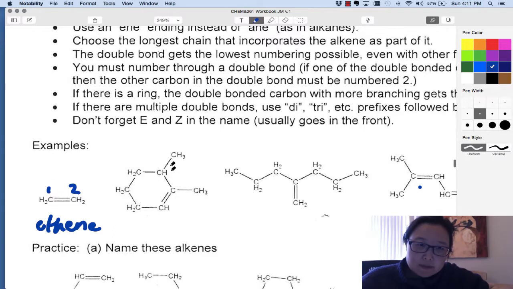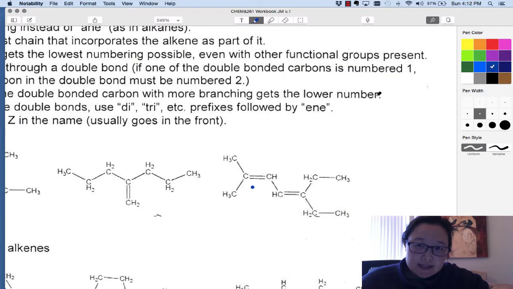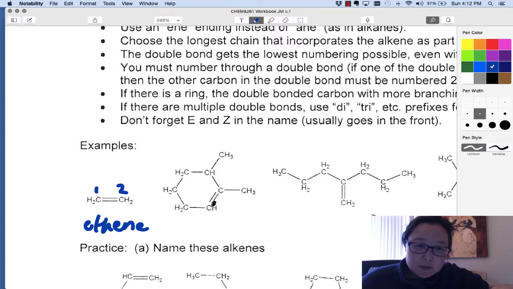With this one, we want to use the rule here. If there is a ring, the double bonded carbon with more branching gets the lower number. So if you look at this double bond here, you want to call this carbon 1 and this carbon 2. Now if you remember, when we did rings before without double bonds, we wanted the lowest numbers possible to incorporate all the branches, so we would have called this 1,2-dimethylcyclohexene.